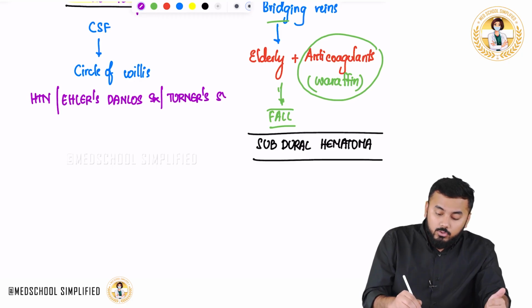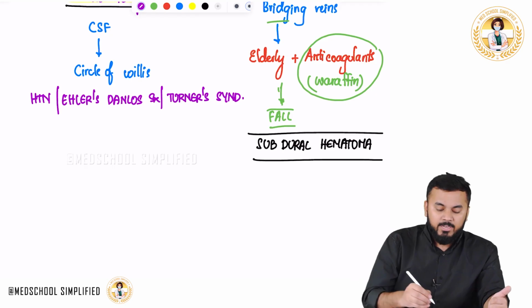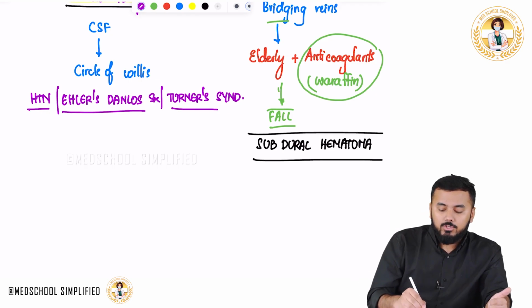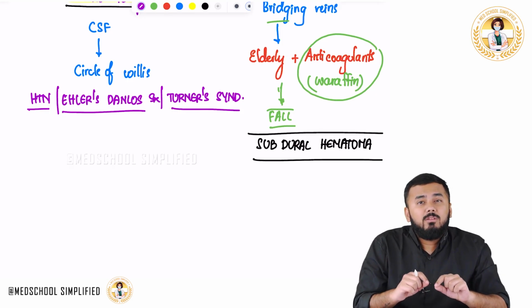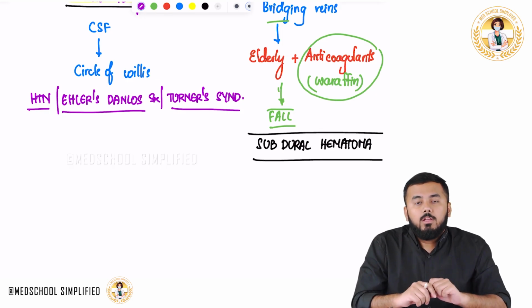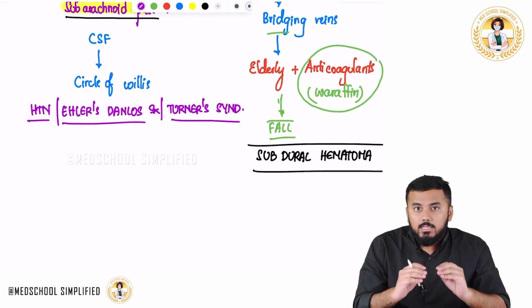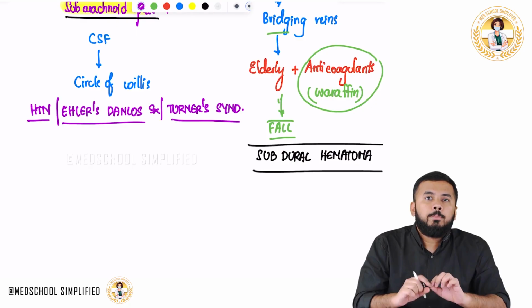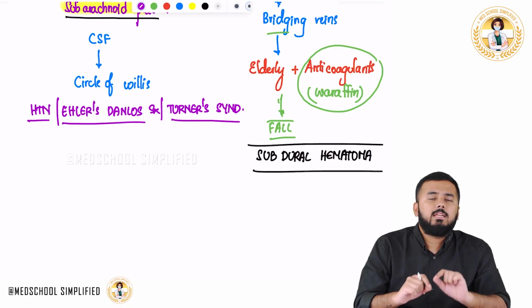These are the risk factors I am telling you. Whenever a patient has hypertension, Ehlers-Danlos syndrome and Turner syndrome, the arteries are very prone to rupture. If the circle of Willis, the arteries within the subarachnoid space, rupture, the patient will have a very severe intense headache.